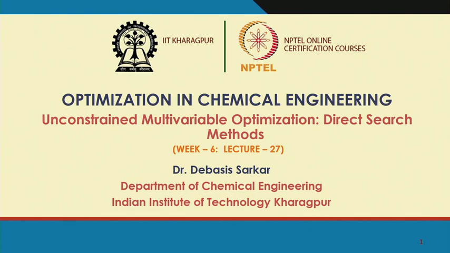Welcome to lecture 27. This is week 6 and we are talking about optimization of unconstrained multivariable functions, and we are talking about direct search methods. So, today we will introduce a very popular direct search method for multivariable functions, which is known as the simplex method.